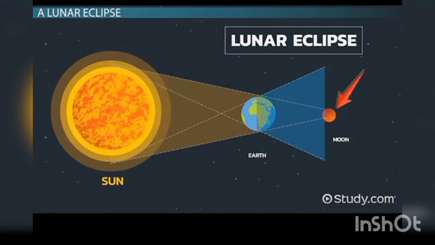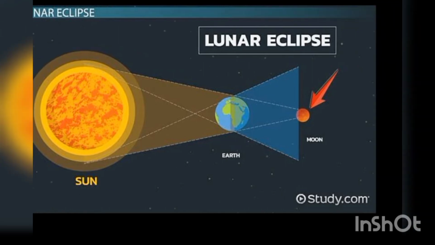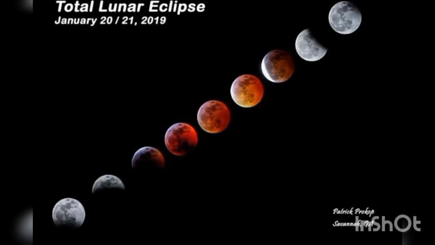Mainly, there are 2 types of eclipse. Let's see the first one, lunar eclipse. When the earth comes between the sun and the moon, it blocks a lot of sunlight from reaching the moon and creates a shadow. This is called a lunar eclipse.